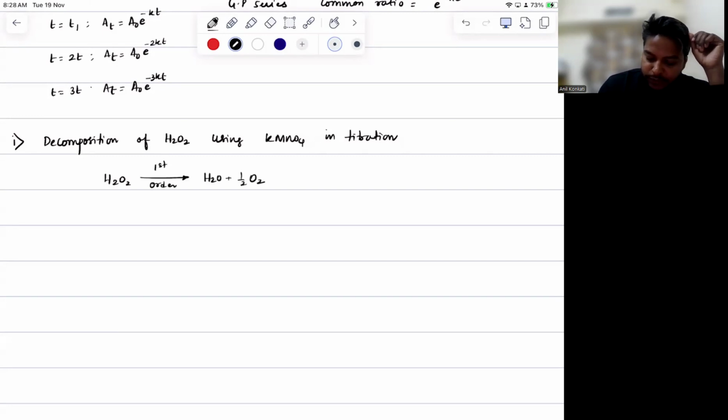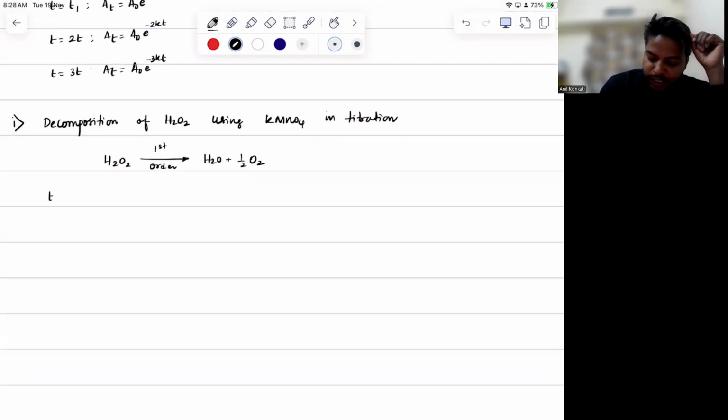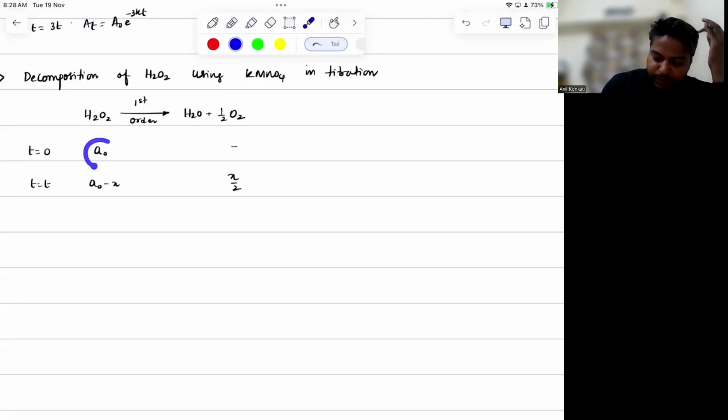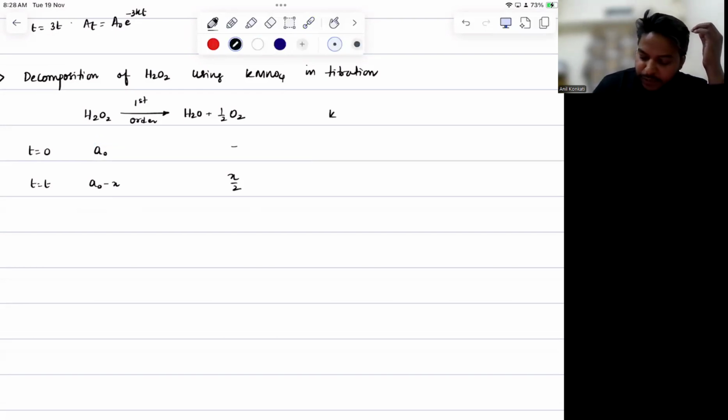Clear? So if at time t equal to 0, this is A naught and this is nothing, and at time t equal to t, it got decomposed to this amount, A naught minus x. These are in terms of number of moles or concentration you take. Then how much amount of volume is required? See, at this current time when the titration is been done, when you make a freshly prepared H2O2 and then you make a titration to convert into Mn plus 2 and O2 in acidic medium.